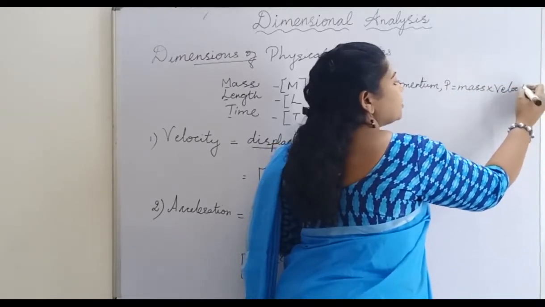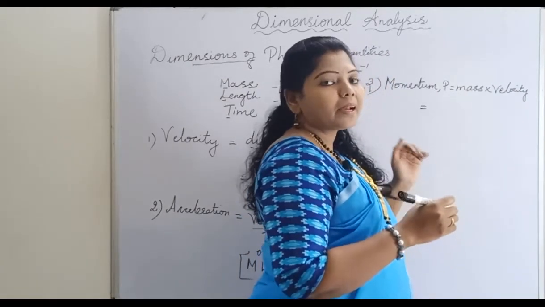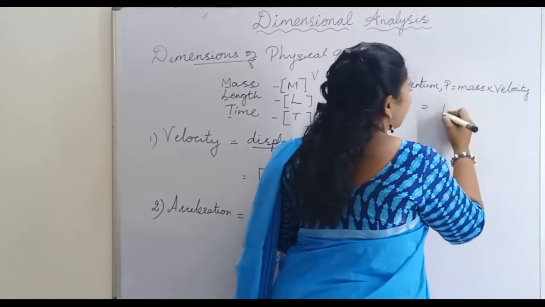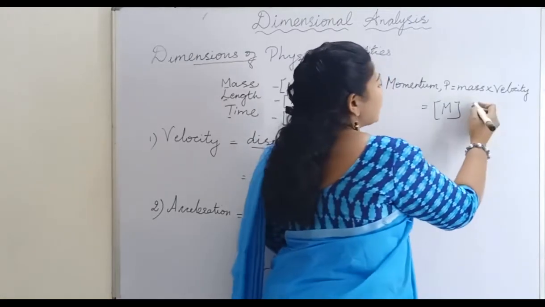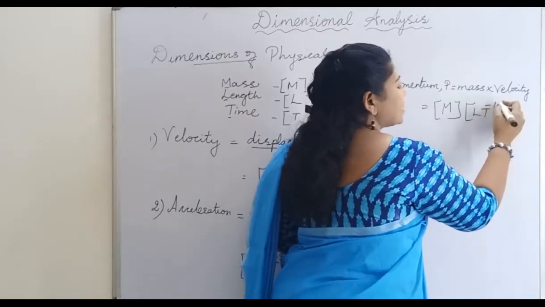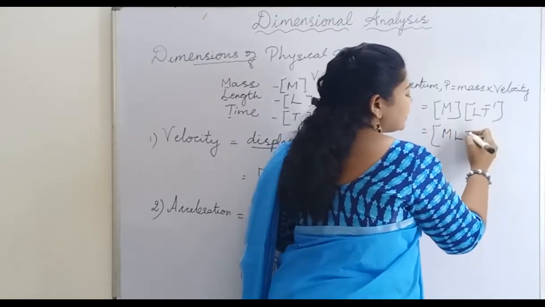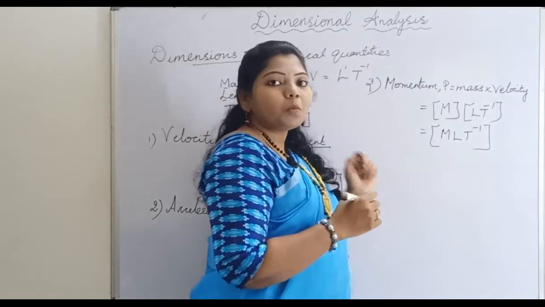The next step is to write the dimensional formula. What is the dimension for mass? It is M, and for velocity it is L T power minus 1. So we can write M L T power minus 1 as the dimension for momentum.